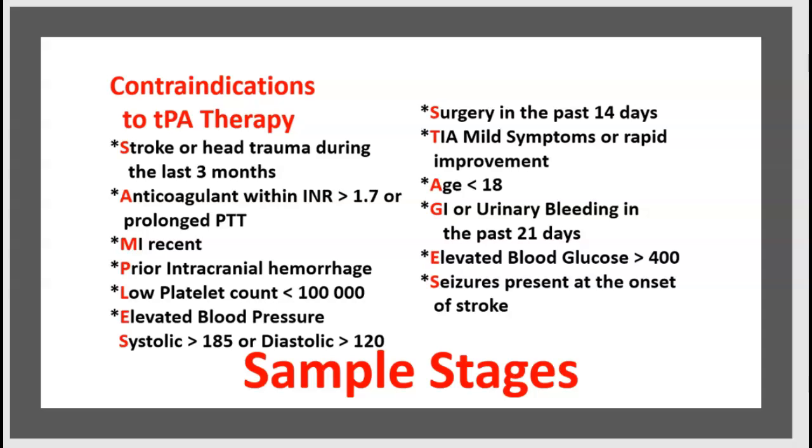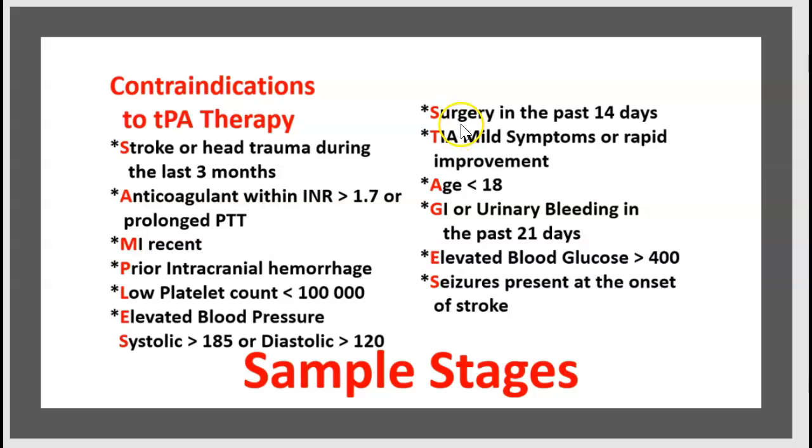Contraindications to TPA: SAMPLE STAGE. S stands for stroke or head trauma during the last 3 months. A for anticoagulant with INR over 1.7 or prolonged PTT. M for recent myocardial infarction. P for prior intracranial hemorrhage. L for low platelet count under 100,000. E for elevated blood pressure: systolic over 185 or diastolic over 120.